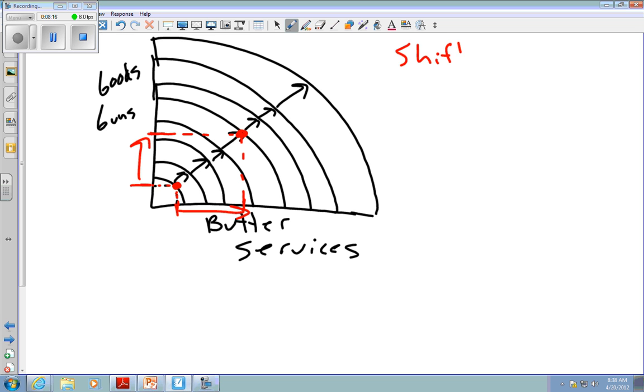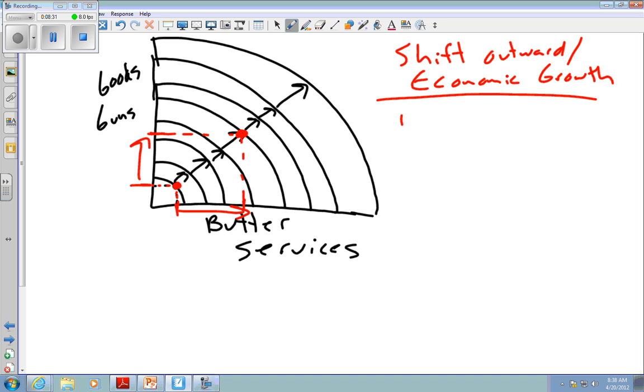Okay? Now what causes the shift of the curve? What causes this curve to shift outward? Or what causes economic growth? Okay, a couple things. It could be an increase or a change in natural resources.